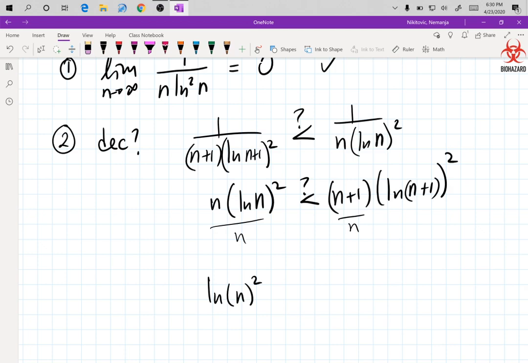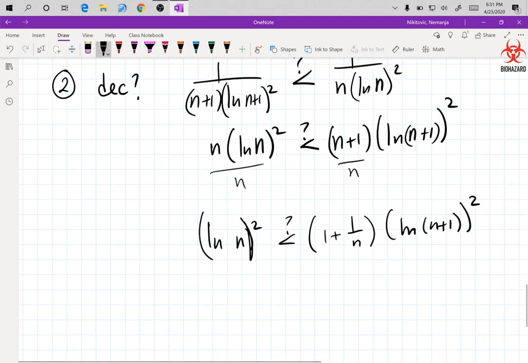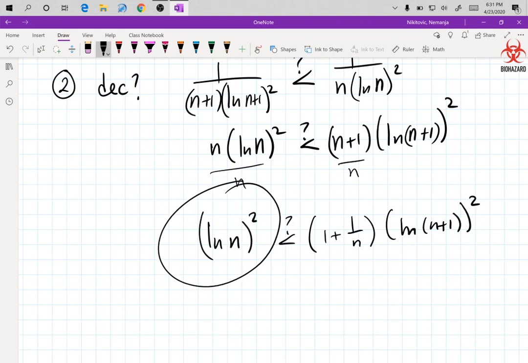So that's ln n squared, the whole ln is squared, to be less than, and over here I have 1 plus 1 over n, ln n plus 1 squared. So why did I do this? Well, I just wanted to have two things to compare. This one and that one.